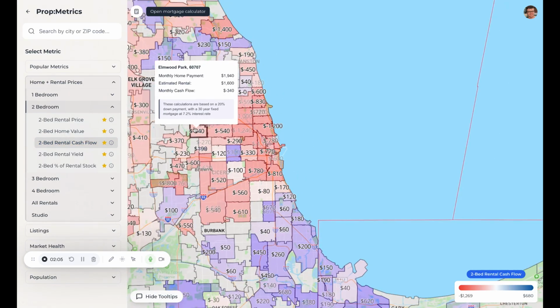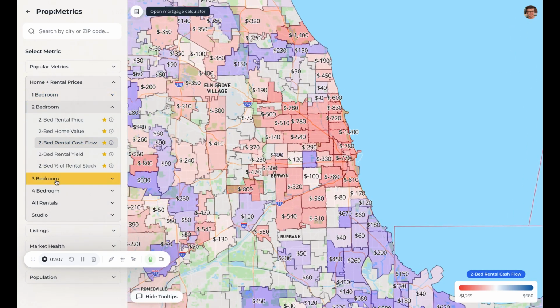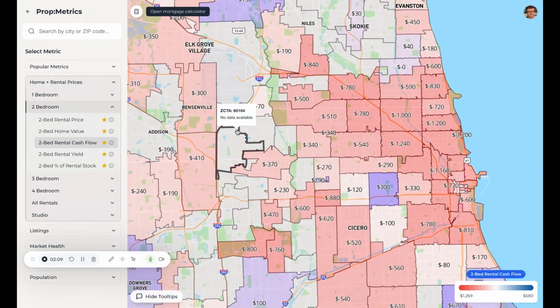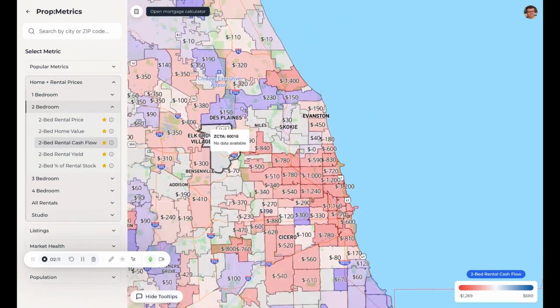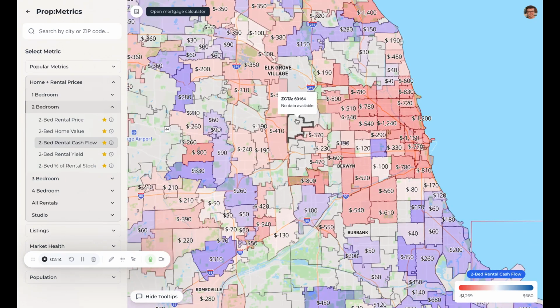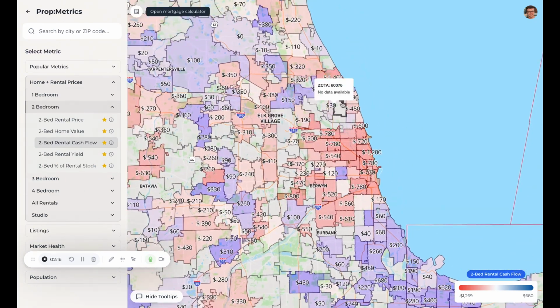I personally love this cut. This is showing you what your two bed or one, two, three, four bed cash flow would be if you bought a typical property and rented it out at market rates, right? You can see very clearly, hey, if I'm trying to buy a cash flowing rental, where should I be buying and where should I not be buying?